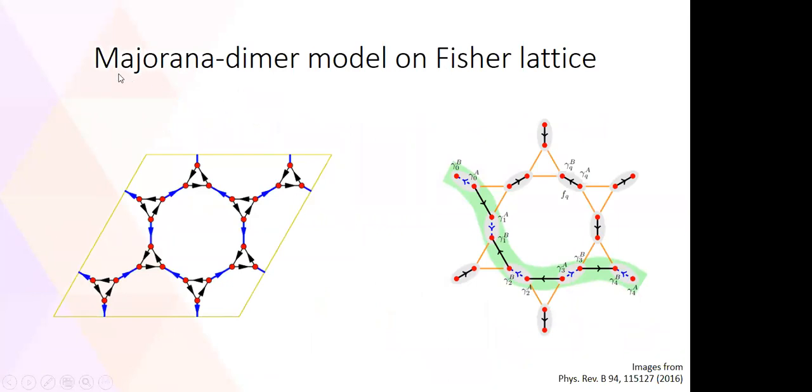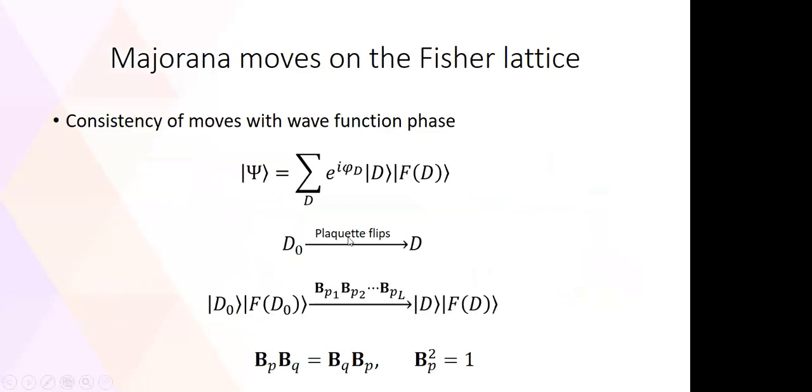They also consider the model on the exactly solvable Fisher lattice, which was exactly solvable using the non-Majorana construction. For the Majorana case, it stays exactly solvable, which is nice. So they also consider this to study the phase, and with the appropriate phase choices, I won't go through all of this slide.